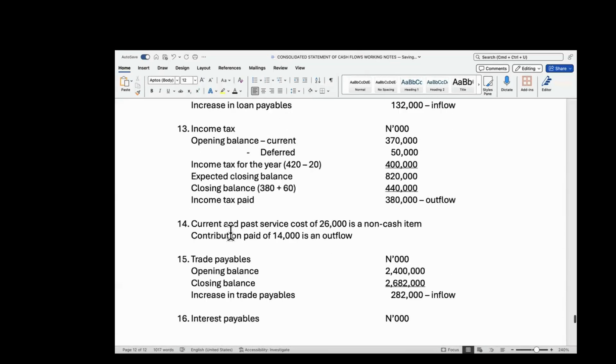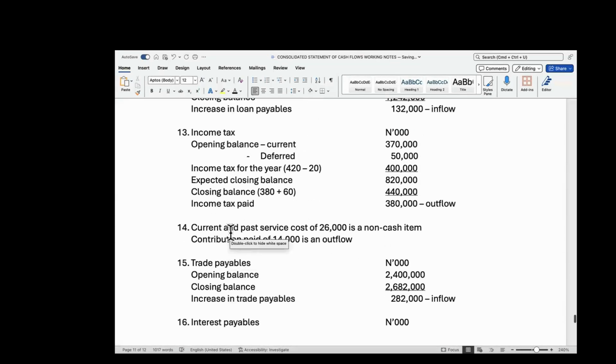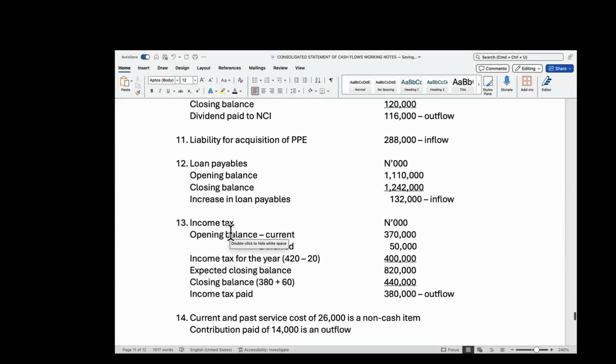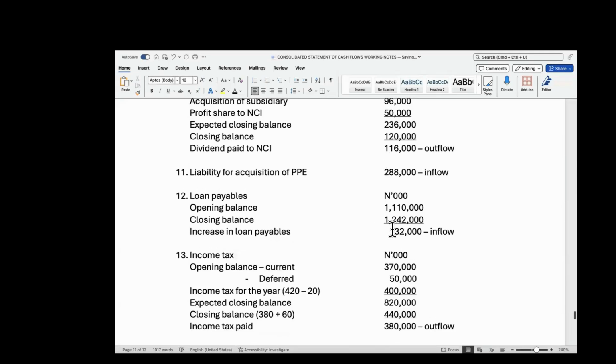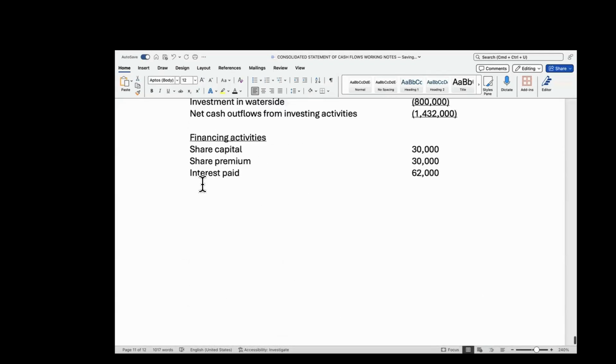Then there is loan paid, no loan received, increase in loan of 132.